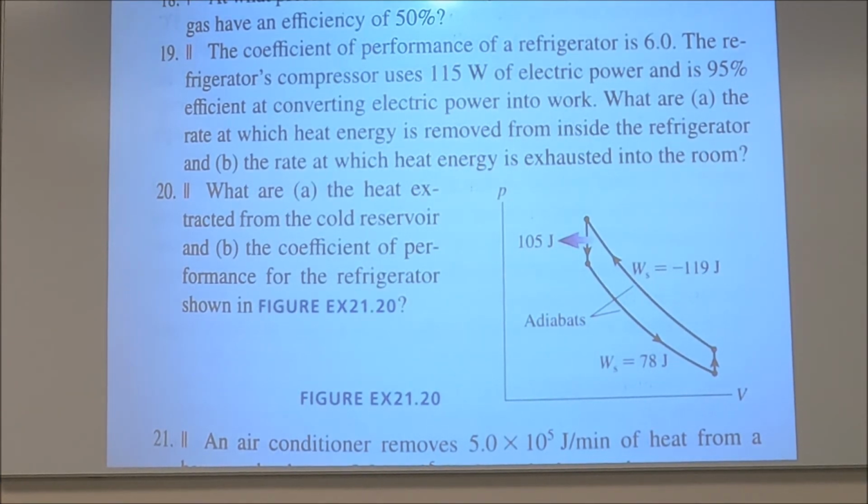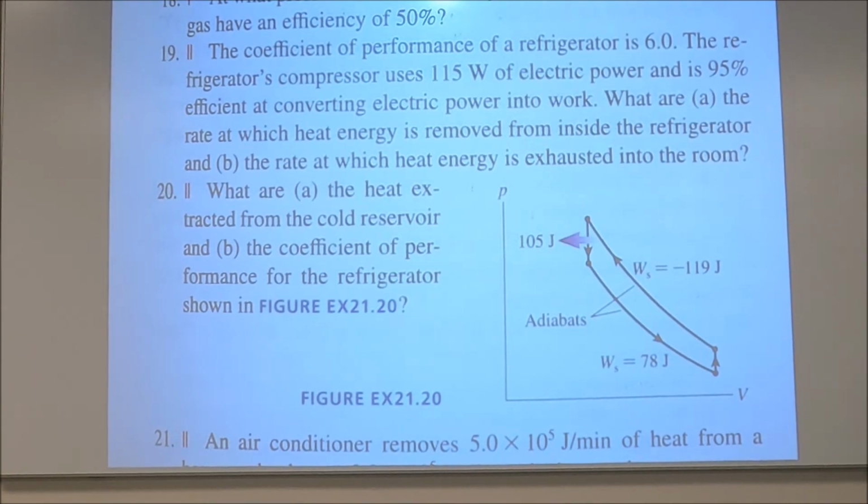So let's write down the pieces of information that we've got. We've got a K value of 6.0, and we use 115 watts, which means that we're using 115 joules per second.